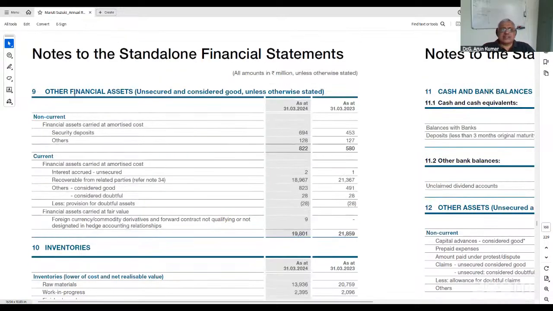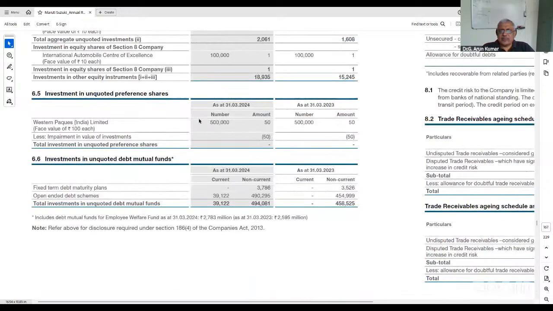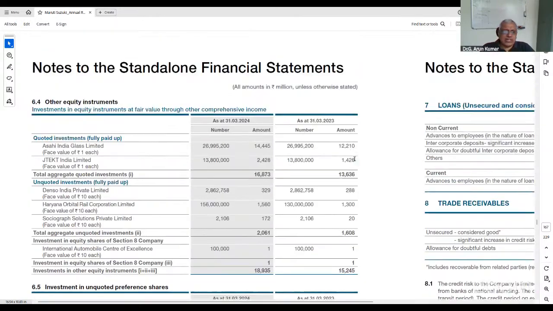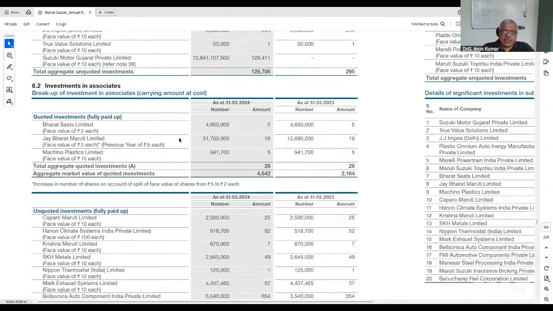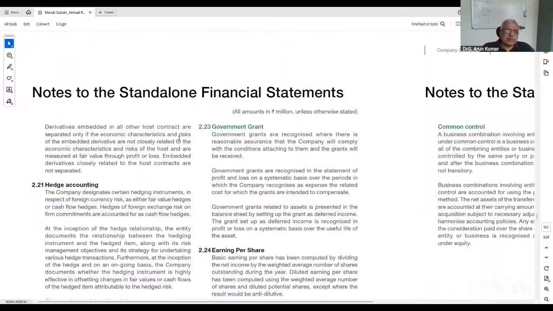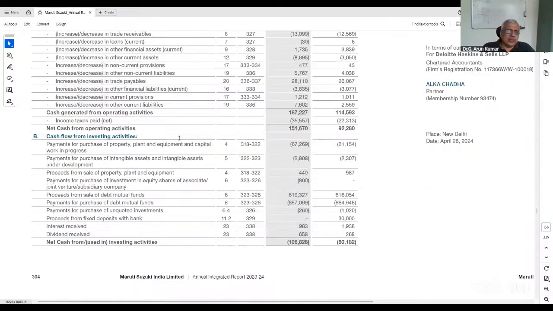What we call other financial assets in this particular case, what we saw here, and then what we call the other equity investments and so on. One minute, I'll just go to the page numbers. Hope I'm getting the right page.